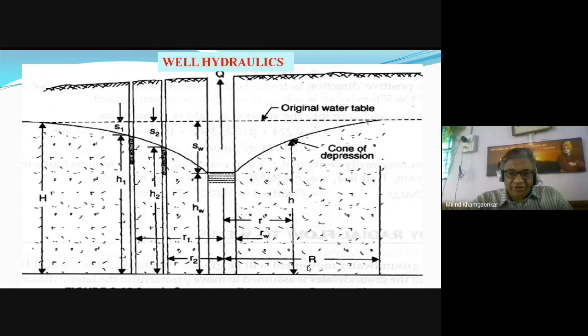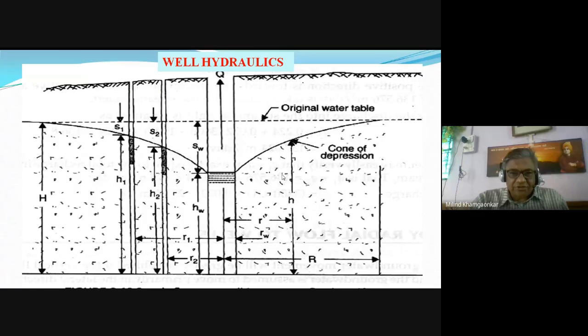So this radius is denoted by capital R, and the corresponding depth of water is denoted by capital H. Capital H is nothing but the depth of the groundwater table from the impermeable strata, or the depth of groundwater table in the unconfined aquifer, or maybe in the confined aquifer, the piezometric surface.